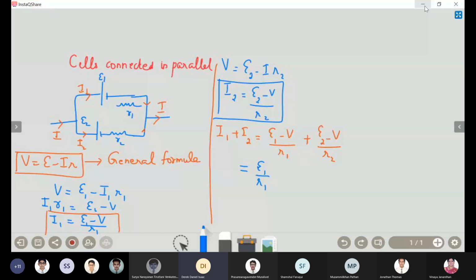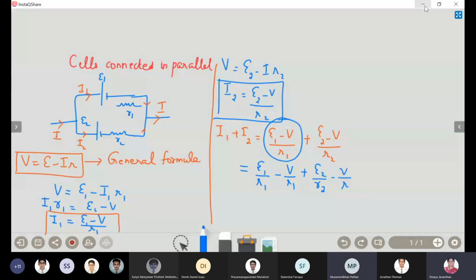E1 by R1 minus V divided by R1. Yes, correct. Next, plus E2 by R2 minus V by R2. Correct.